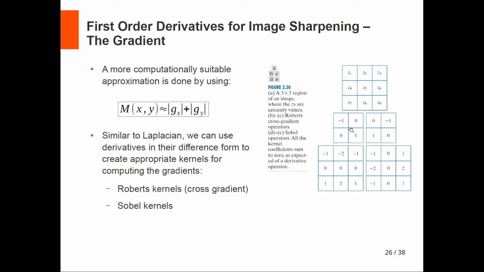So these two figures are the Roberts cross gradient operators. As you can see, they calculate the gradient along the diagonal directions. And then we can have the Sobel operators that calculate the gradient along the horizontal and vertical direction.